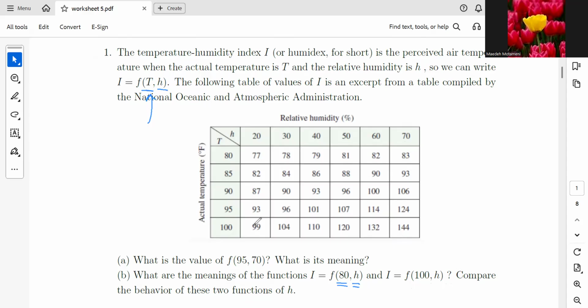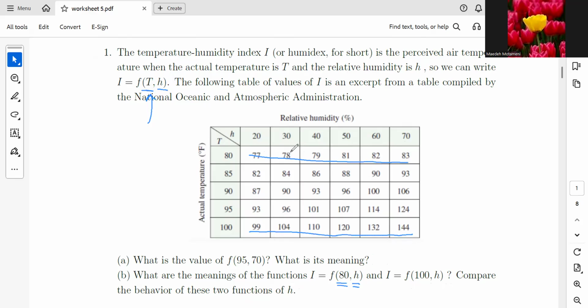And it says compare the behavior of these two functions. So when you take a look at these amounts here and also these amounts here, we can conclude that f of 80 and h, when the temperature is fixed at 80, it increases slowly and almost at a constant rate.